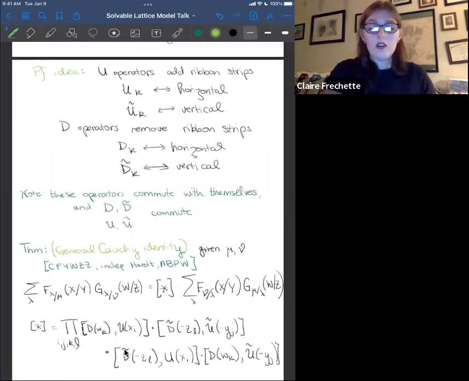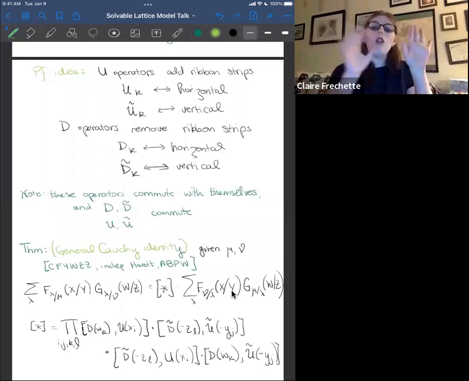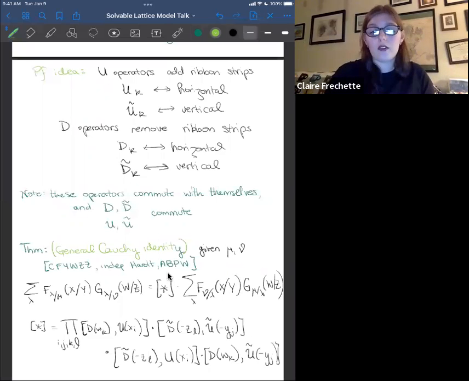So given 2 partitions, mu and nu, if we take a sum over lambda that lie above mu and nu, we can form a relationship between this and the sum over lambda that lie below mu and nu by swapping all of our operators past each other, and we're off by this commutation relation.